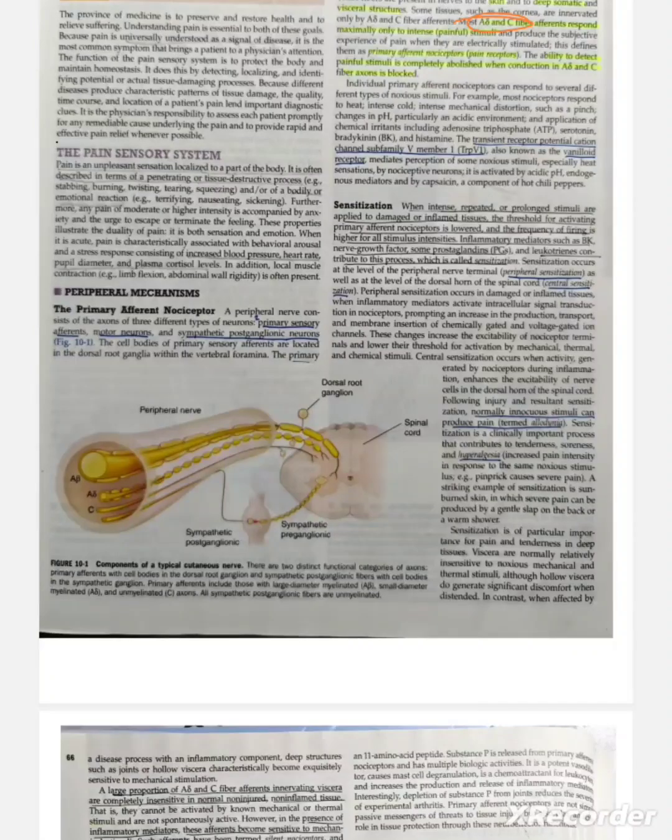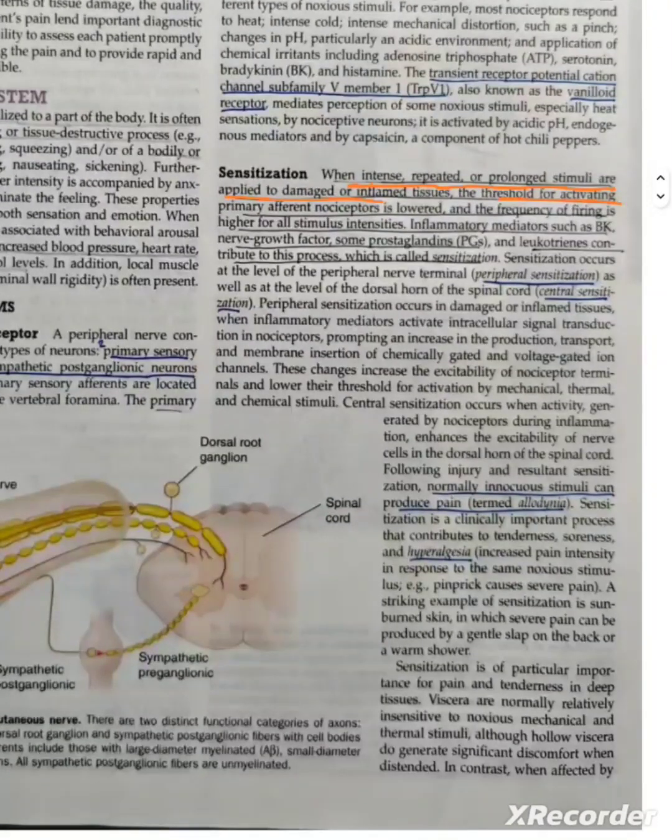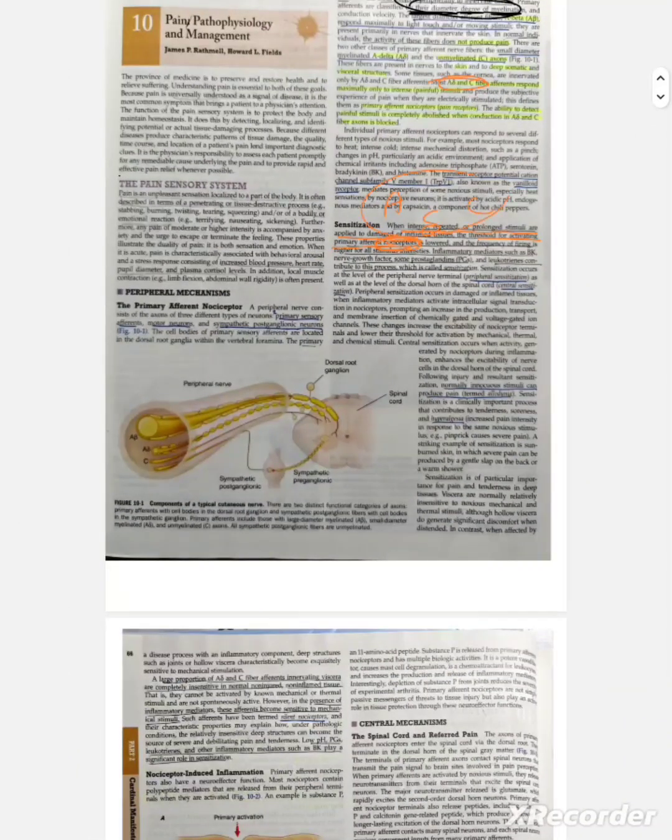Why is this happening? Because when intense, repeated and prolonged stimuli are applied to damaged and inflamed tissue, the threshold of activating primary afferent nociceptors changes. What is a nociceptor? A delta and C are called nociceptors because they carry pain.